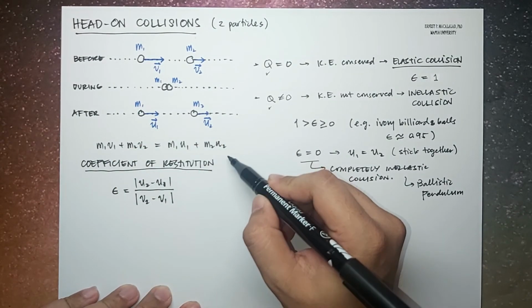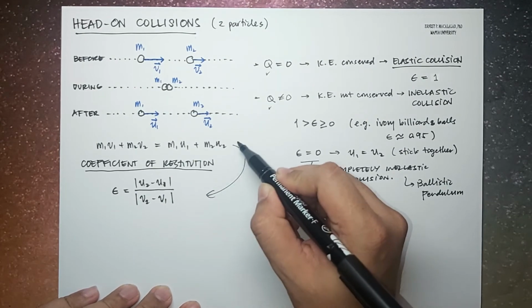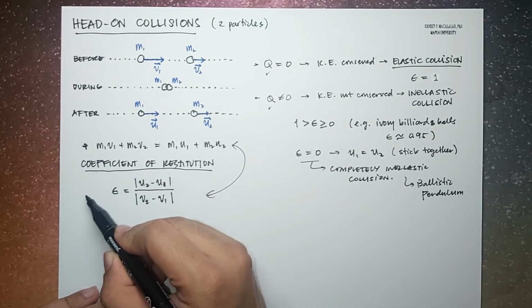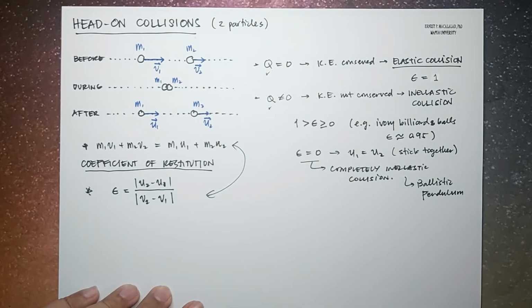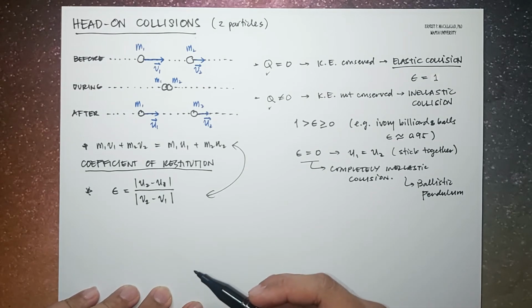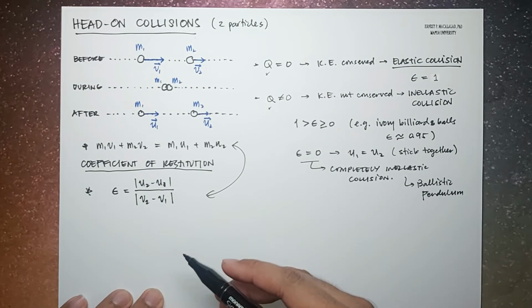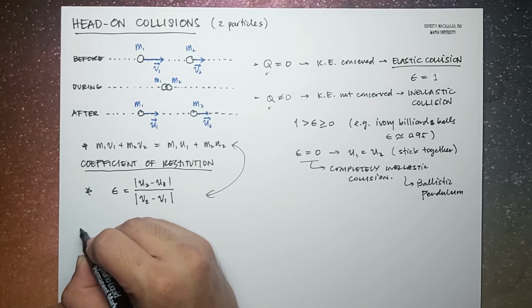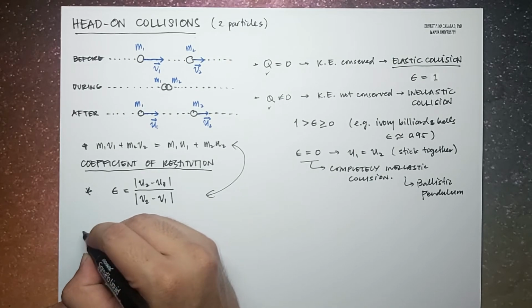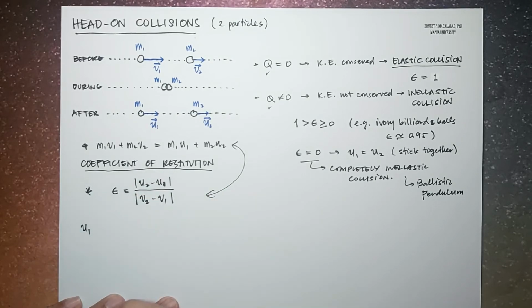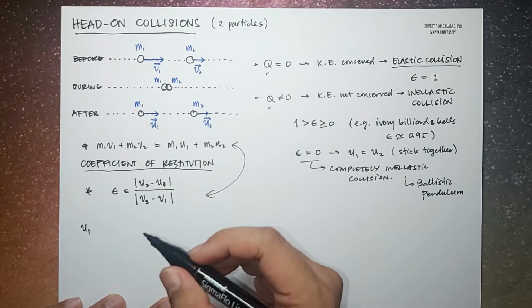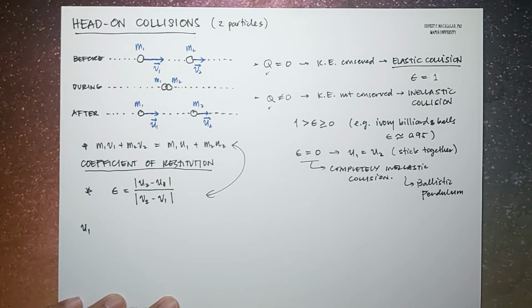Now in terms of the coefficient of restitution, if you combine these two equations, you can do this on your own time, we can actually express the speeds after they collided, just given the coefficient of restitution and the initial velocities of your two particles, as well as the masses of the two particles.